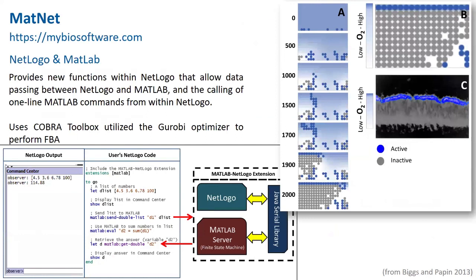And then we are moving from rule-based to equation-based models. There is this MatNet, which is a combination of the NetLogo and the MATLAB packages, which contain the COBRA toolbox, these constraint-based modeling tools, and you can run simulations integrating these approaches in MatNet.